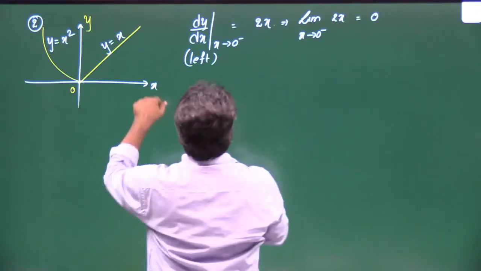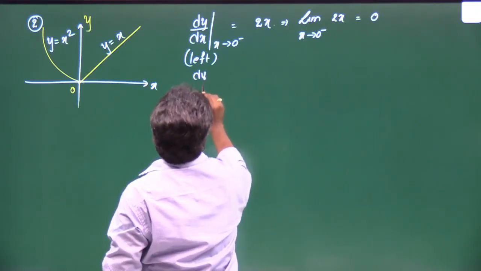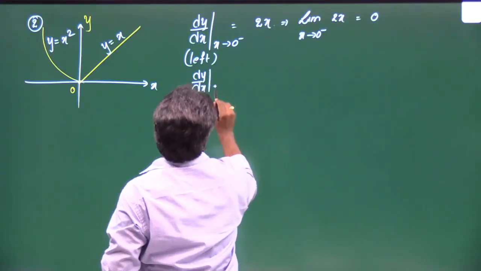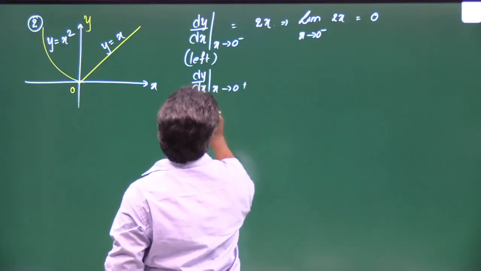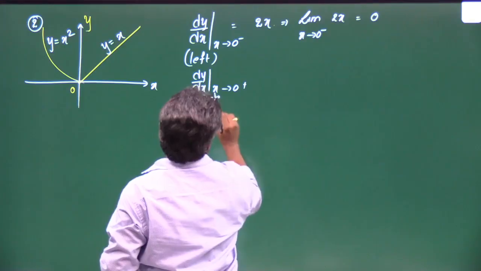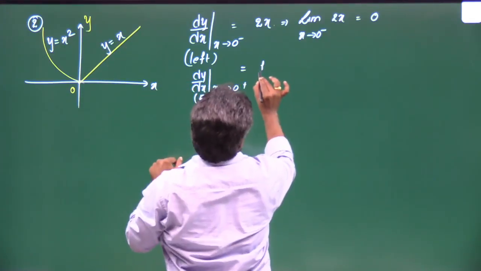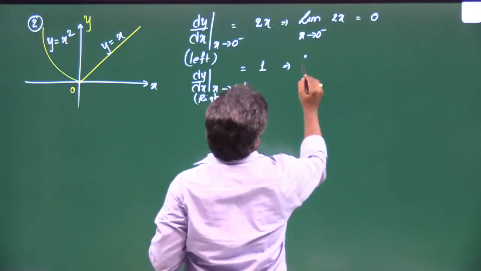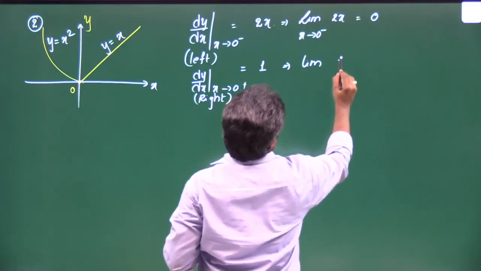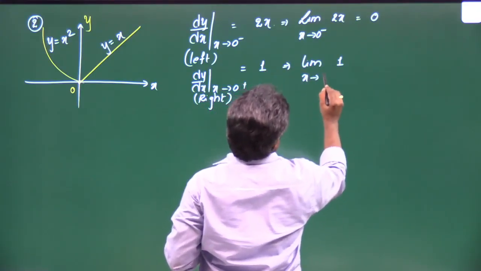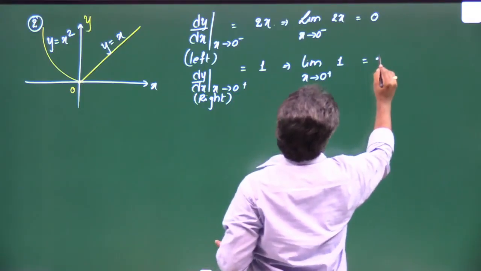Okay, so next, if I take dy by dx as x tends to 0 plus, this is the right side, and if you take the right side function derivative, that is 1. So as a limit, if you take the limit, of course it is 1 as x tends to 0 plus, and this value is 1 only.